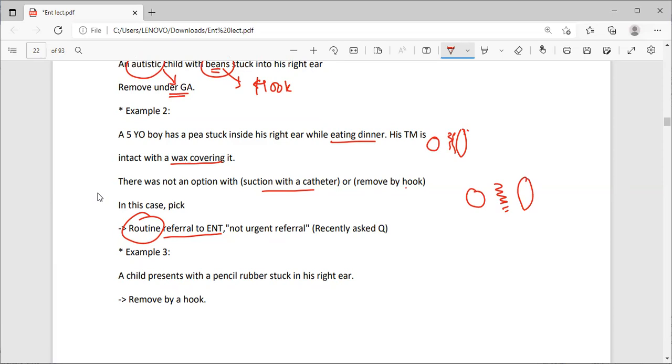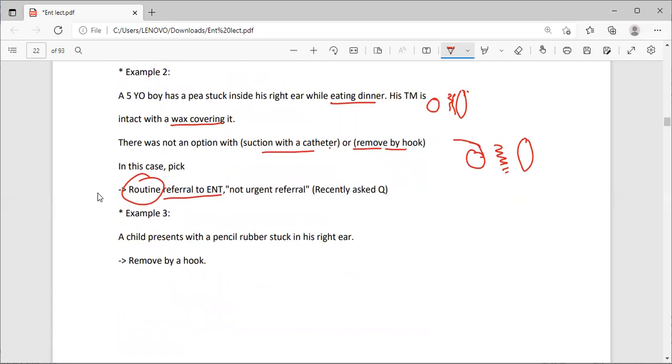So there is no option of suction with a catheter or removal by hook. These two options are not available. If you cannot remove it by hook or with a catheter, and the tympanic membrane is not being damaged by the pea, then you can routinely refer to ENT because you are unable to remove the pea out of the patient's ear.